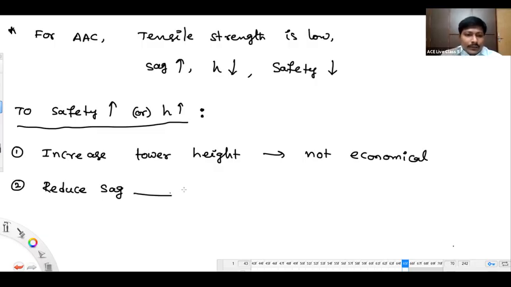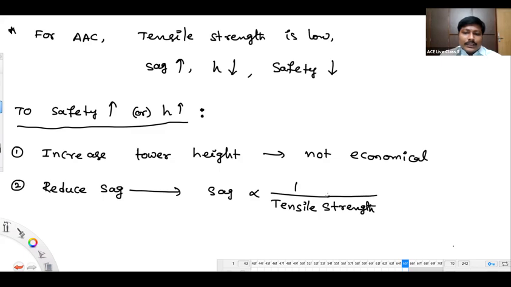Already we have said that sag is inversely proportional to the tensile strength of the conductor. So in order to reduce the sag value, one option is to increase the tensile strength, or you can say increase the mechanical strength of the conductor. By that way, we can stretch that conductor as much as possible so that the sag is reduced. That's one technique.